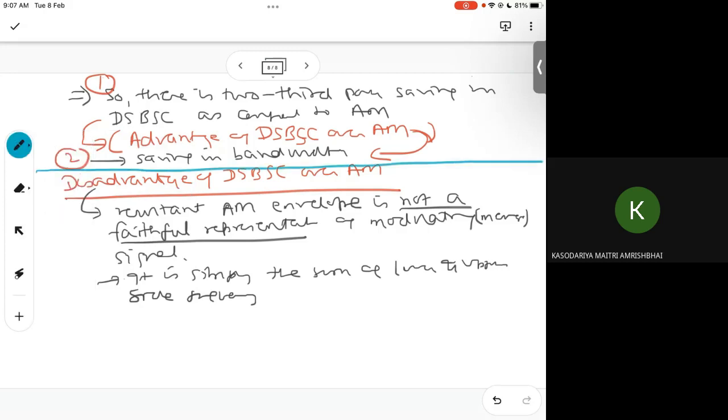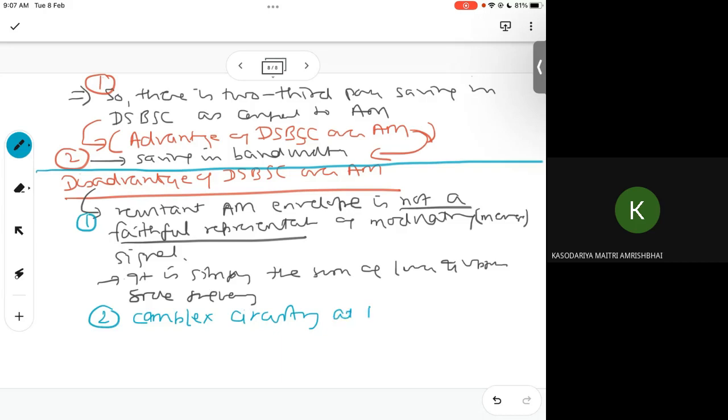And this is the disadvantage. Okay, so lot of saving in power, lot of saving in bandwidth, and another disadvantage, as we have seen here, one disadvantage was this. Another is because you have to remove the carrier, you have to use some additional circuitry to suppress the carrier, which becomes complex.